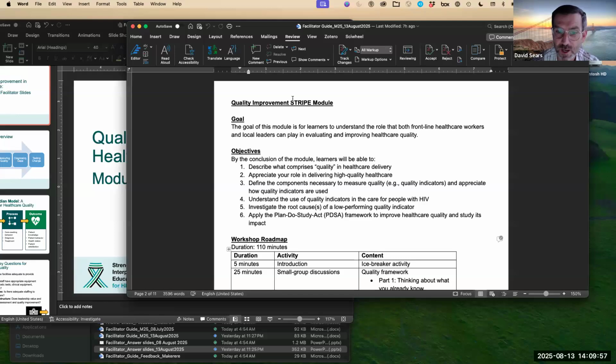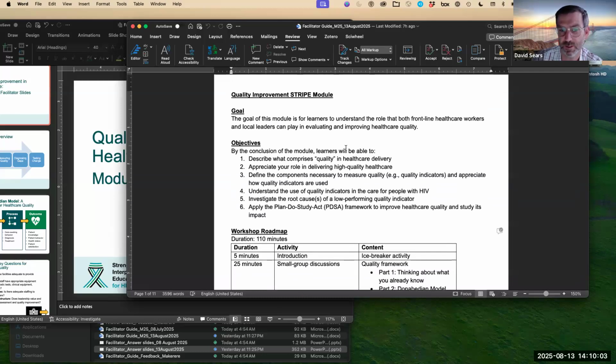For those who have not facilitated, usually the STRIPE modules come with a facilitator guide. That's the document that we'll go through today. The learners will have something similar. We'll not show the learner guide today, but it will show a lot of the goals and objectives and activities, with a number of areas of blank space for learners to answer questions and take notes.